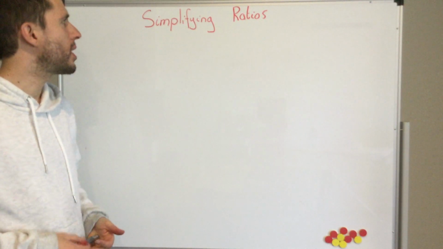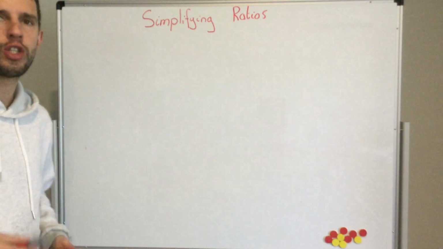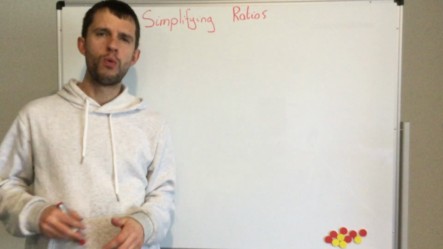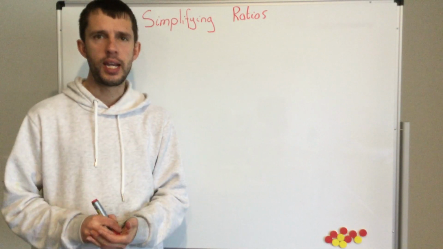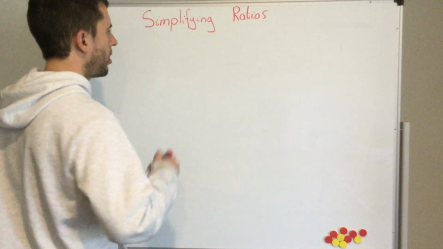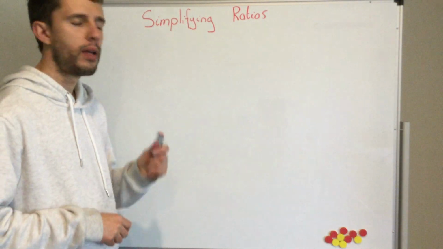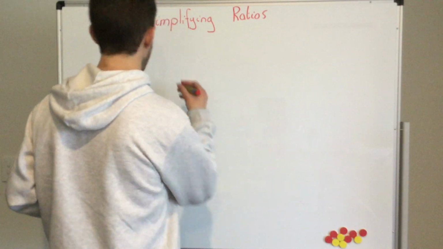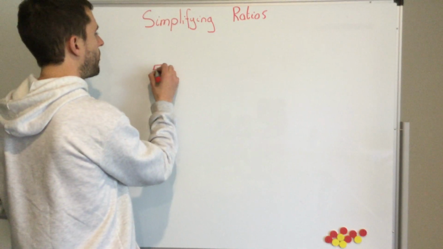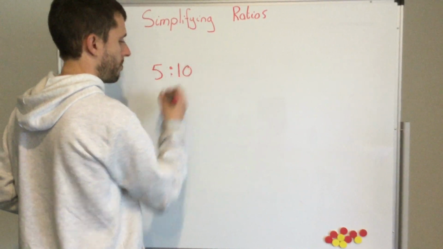So we are looking at simplifying ratios. If you remember what a ratio is, it is comparing. So I'm going to put a small ratio up here, which is 5:10.